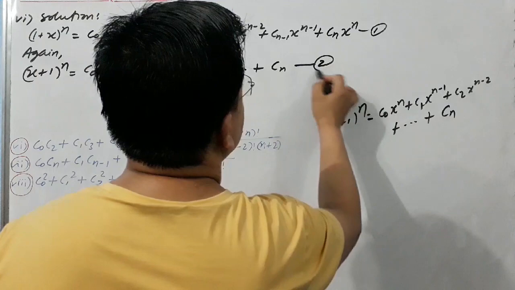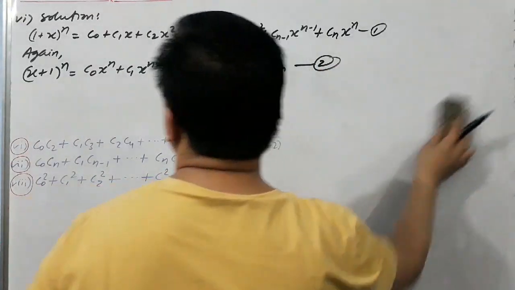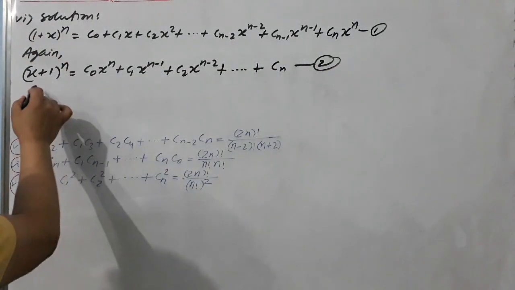Write down this one as 2. Now multiplying, a very simple method.